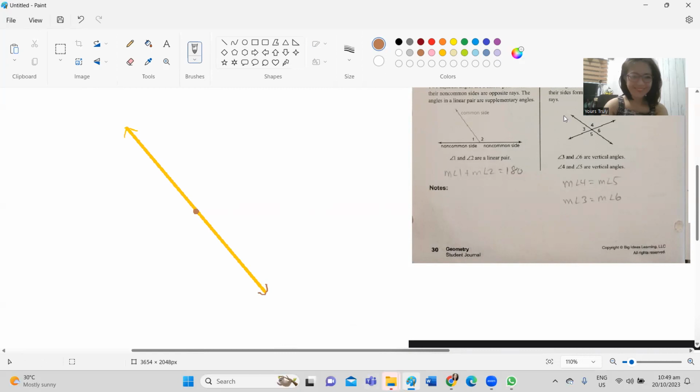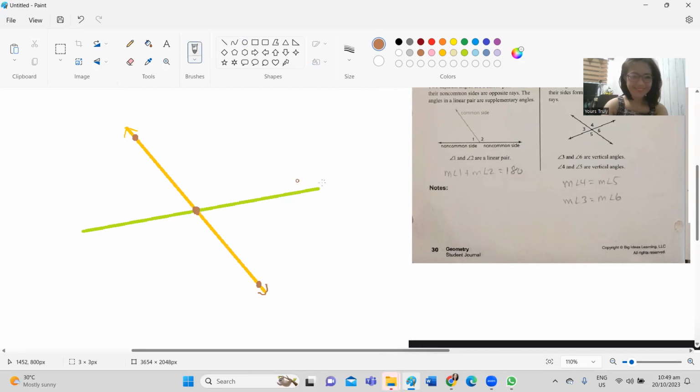This is one ray. The other ray faces the side, could be this way. So this is the common vertex.